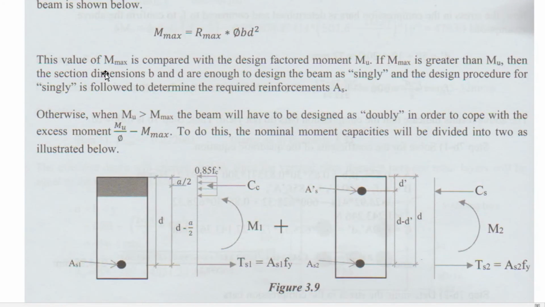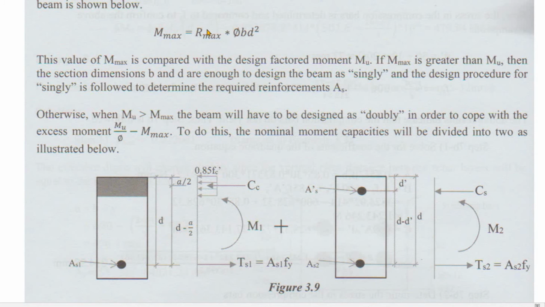This value of Mmax is compared with the design factored moment, Mu. If Mmax is greater than Mu, then the section dimensions b and d are enough to design the beam as singly reinforced, and the design procedure for singly is followed to determine the required reinforcement AS.